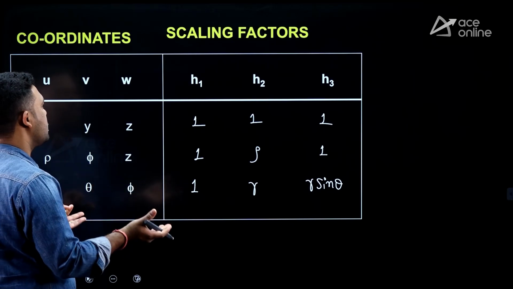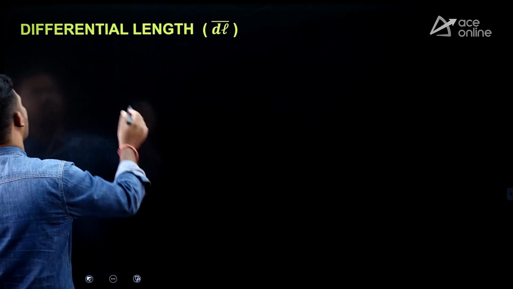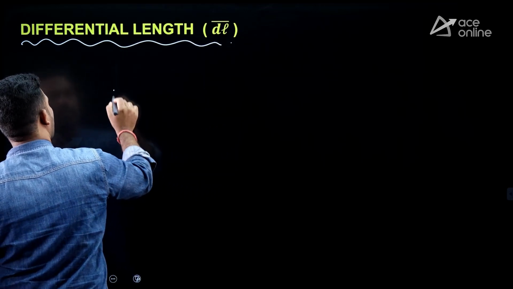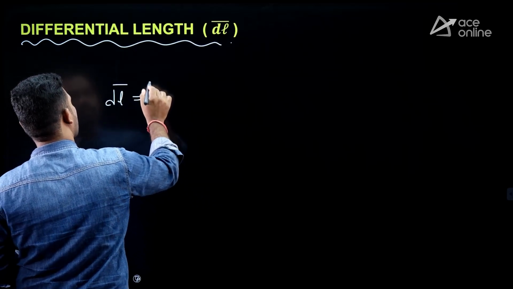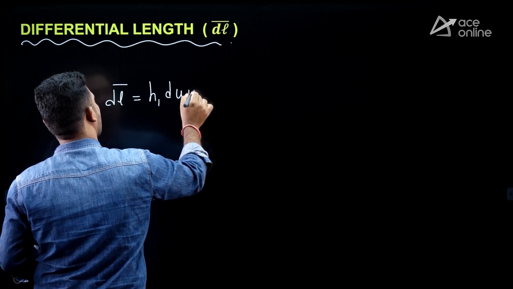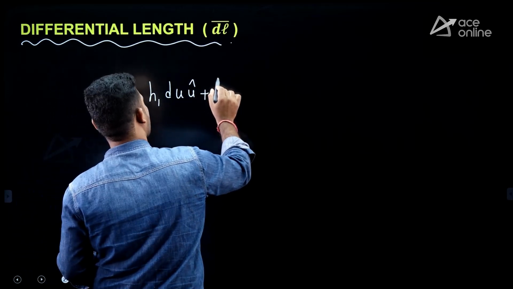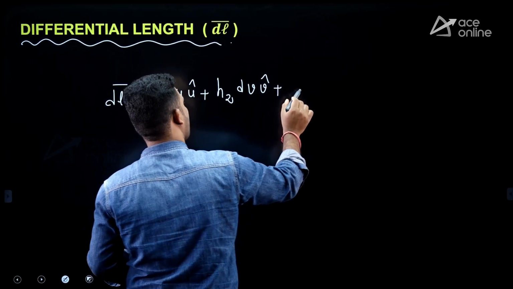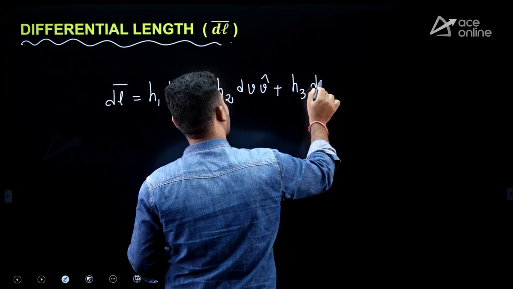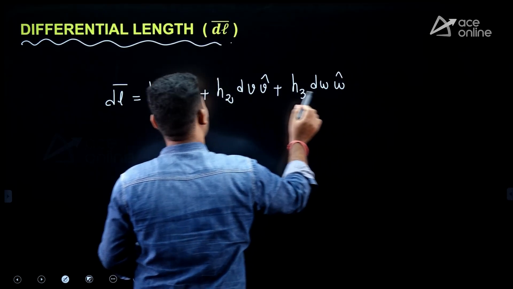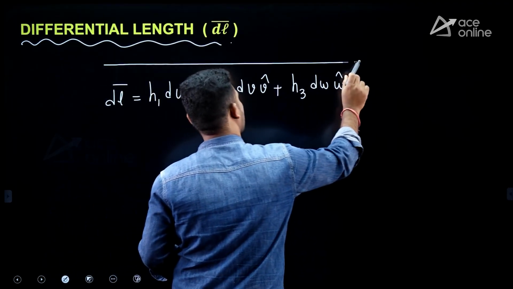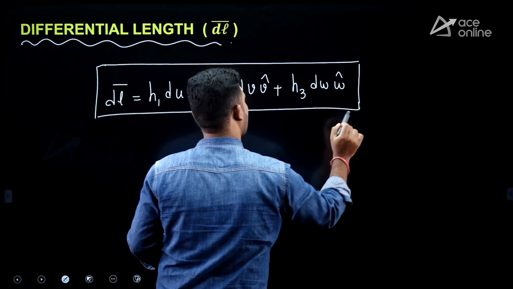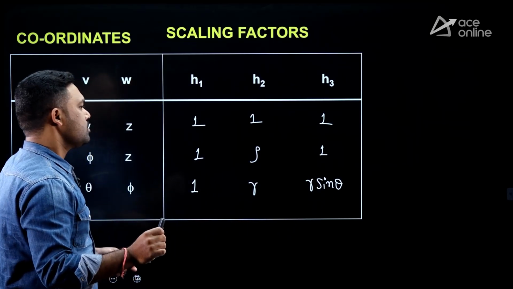So I'll tell you what actually it is. If I want to remember the standard form for the differential length, dl is equal to h1 du u cap plus h2 dv v cap plus h3 dw w cap. Clear, guys? See here.